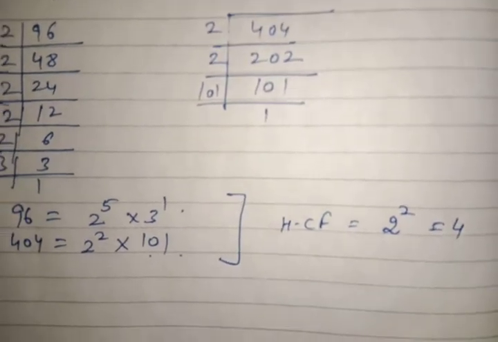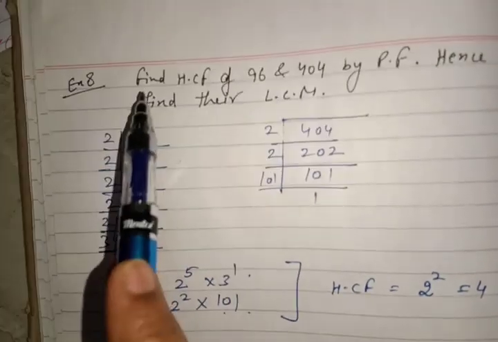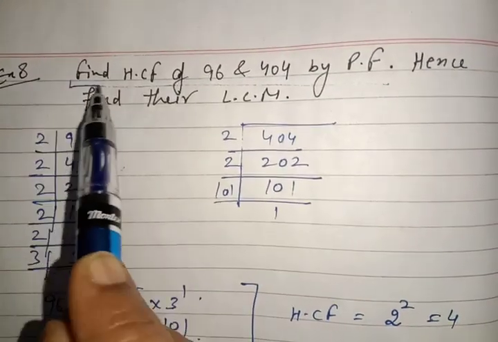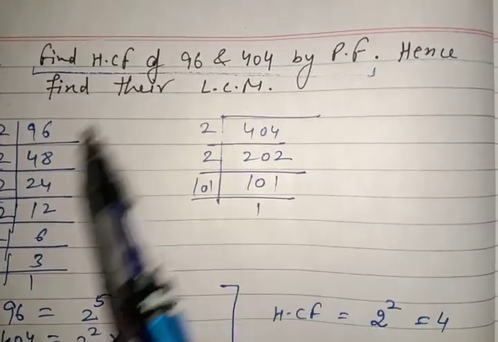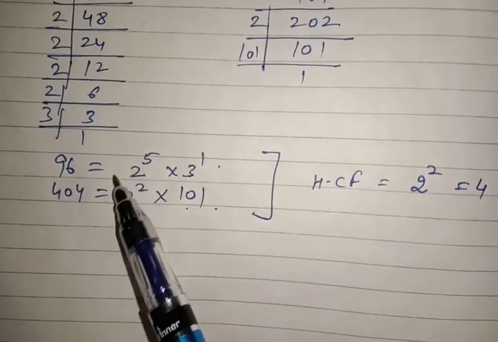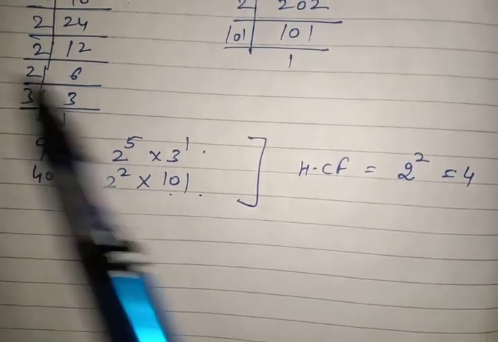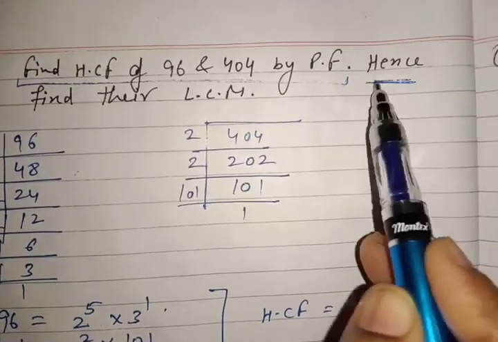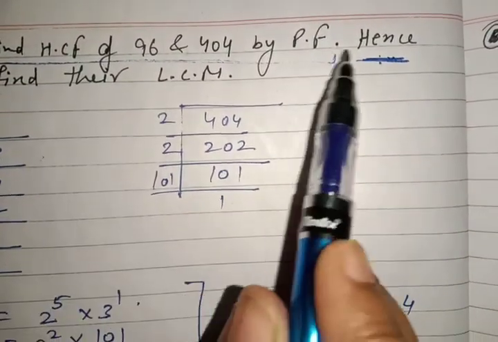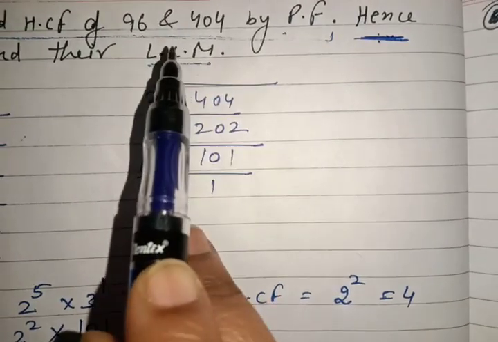The question has 2 parts and students generally don't understand the meaning of the question. Find HCF by prime factorization. This we have done. Some of the students write the LCM also from these prime factors, and they will not get marks for the second part, because the second part says hence. The meaning of this word hence is to use the solution of the first part to find out the LCM.